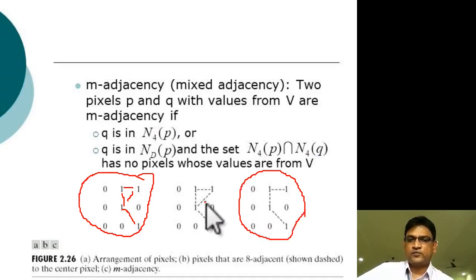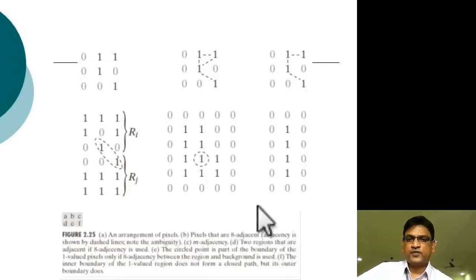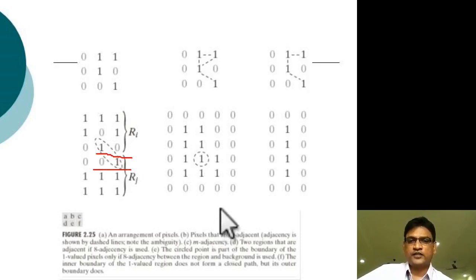At the same time, this path is eliminated. That is what m adjacency is. Similarly, if there are two subregions and you want to say they are connected or adjacent to each other, then some pixel in R1 must be connected to some pixel in R2, depending upon the type of neighborhood given in the problem.